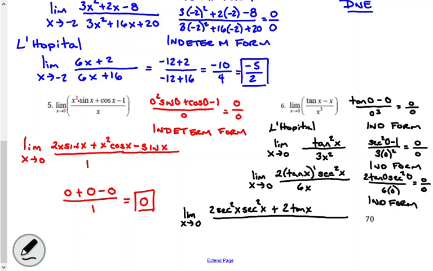And then this secant squared becomes 2 secant x times the derivative of secant x, which is secant x tangent x, over 6. Okay, at least we're done here. I mean, there's no more after this. So 2 times 1 is 2, plus tangent is 0, so that's 0, all over 6. So you just get 1/3.